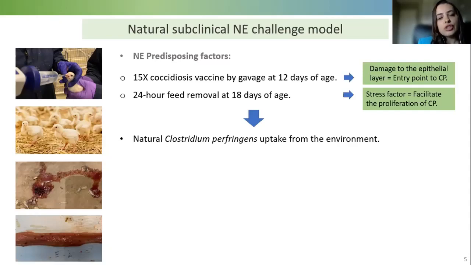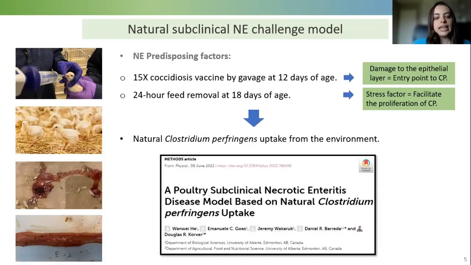Since Clostridium perfringens is ubiquitous, we expected that our birds had a natural uptake of the pathogenic strains and the other strains that are already present in our environment, in the litter and the feed and so on. The main objective of this natural approach was to mimic field conditions. In a recent publication, we characterized and validated this challenge model.